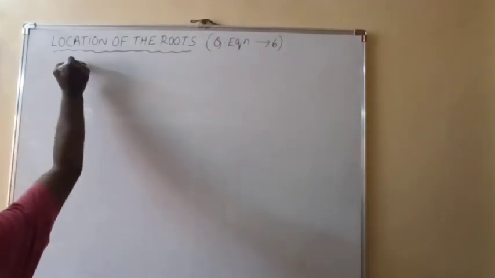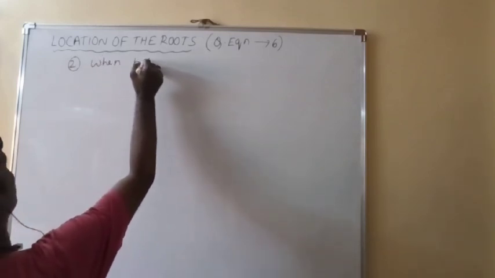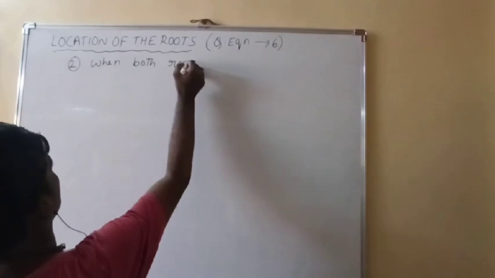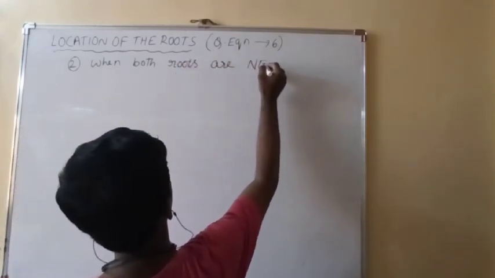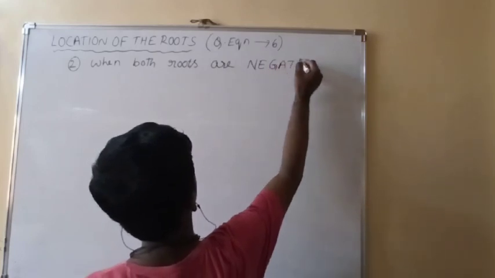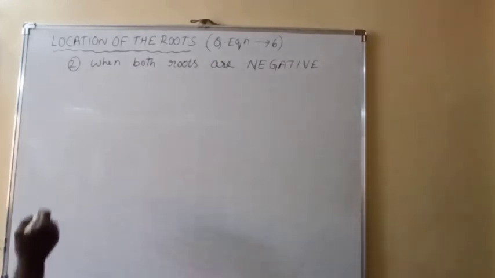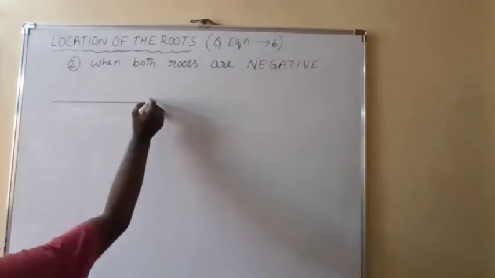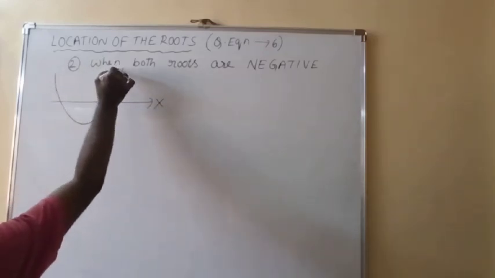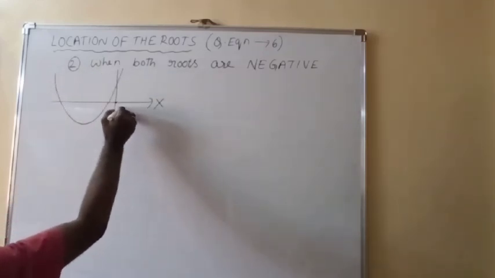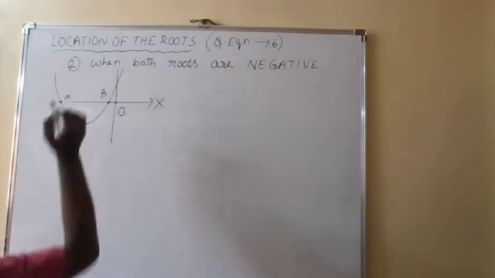Look at the second case, when both roots are negative. That means both roots are less than 0 only, no? So what are the possible cases for you? See here. This is one root, this is another root.